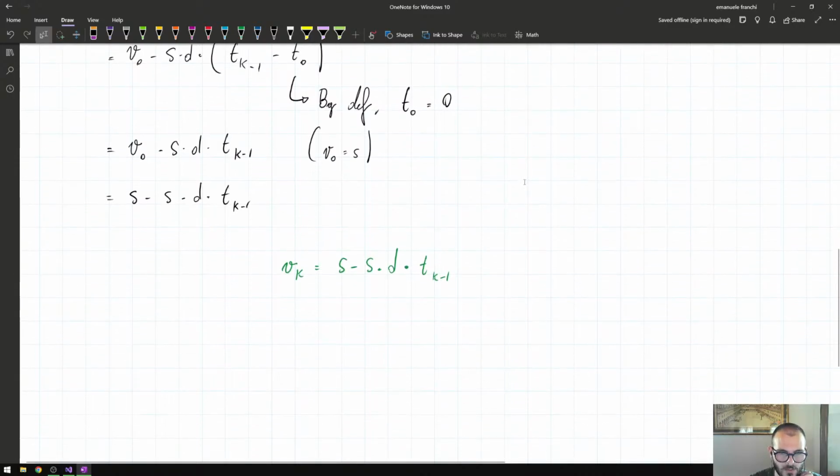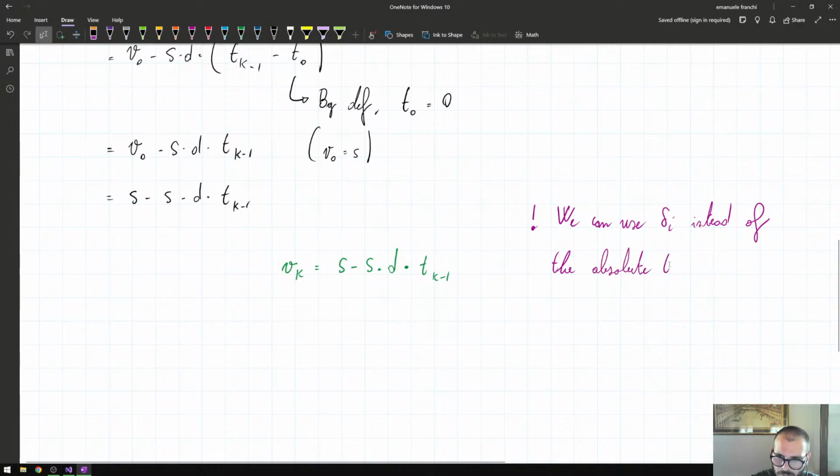So an interesting property is that we can use the deltas instead of the absolute time t i minus 1.